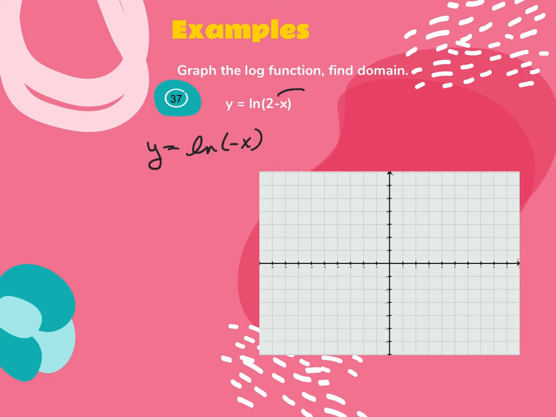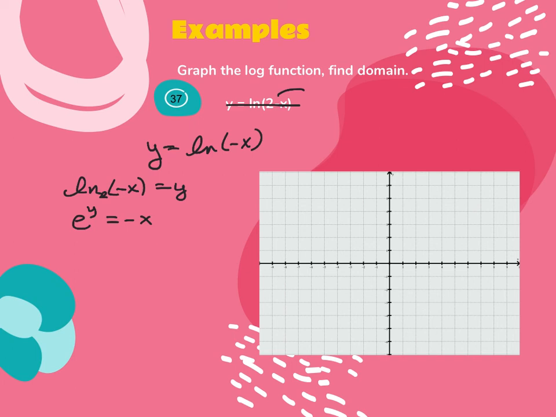Okay, I'm actually going to change this one, and I'm just going to graph y equals ln of negative x. So again, let's rearrange it. ln of negative x equals y. So we can do this as e to the y power equals negative x.